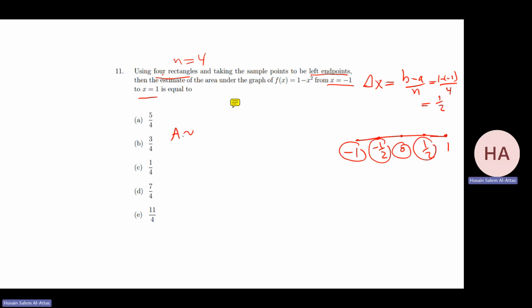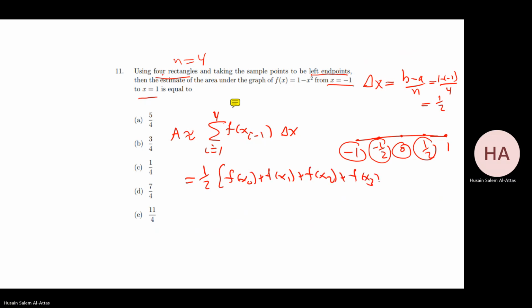So my area approximately summation i equal 1 to 4 f of x i minus 1 delta x. That will be delta x, which is half, times f of x0 plus f of x1 plus f of x2 plus f of x3. Yeah, I'm doing it in details.